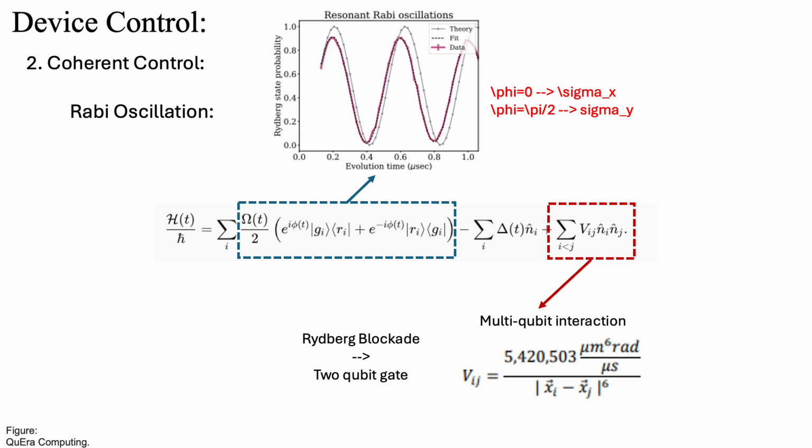With this large energy, we observe a physical phenomenon called Rydberg blockade, which means two atoms that are very close cannot be in the Rydberg state simultaneously. Researchers use this phenomenon to create 2-qubit gates like the CZ gate.